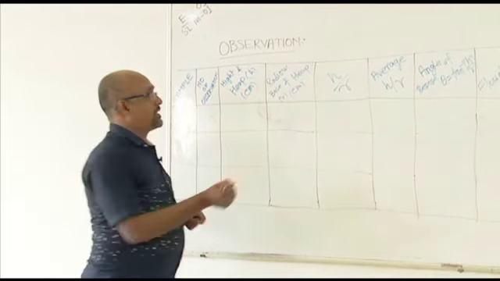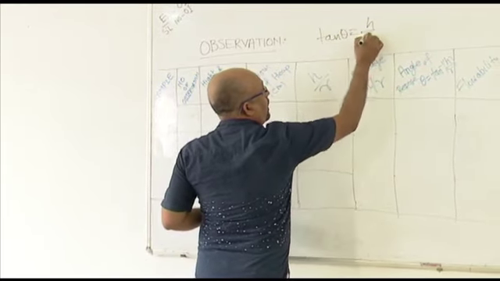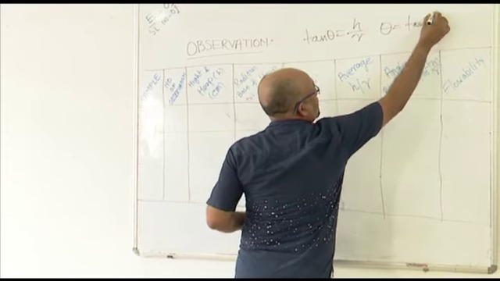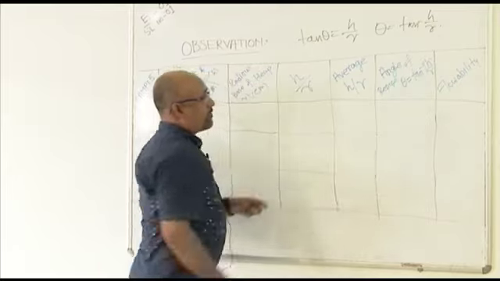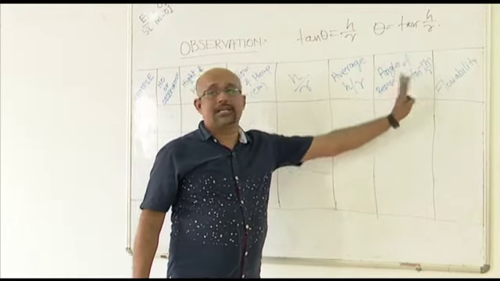So if tan theta is equal to h by r, then theta will be tan inverse of h by r. Here we have written that the angle of repose, theta, is equal to tan inverse h by r.